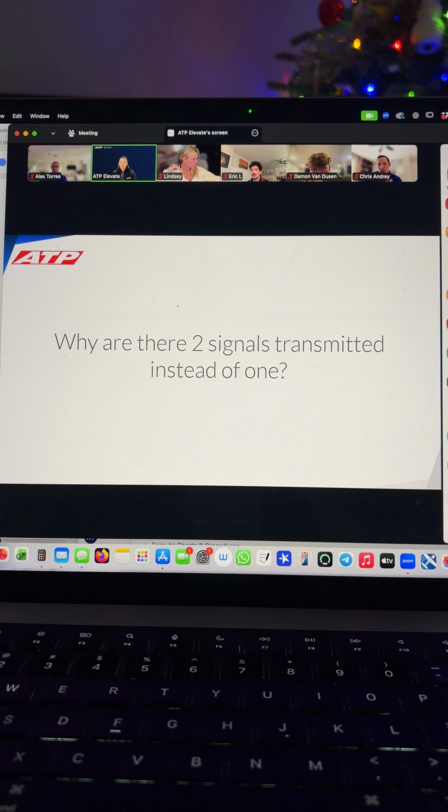You have two signals, so that if you're intercepting the two signals and you're getting the same amount, then you're right directly in the middle of where you need to be, whether it's your glide slope or your lateral guidance. And if you are receiving one signal more than the other, then of course it knows whether you're left of course or right of course, or whether you're low on your glide slope or high. And that's how you get your indication. So that's why you have the two signals.